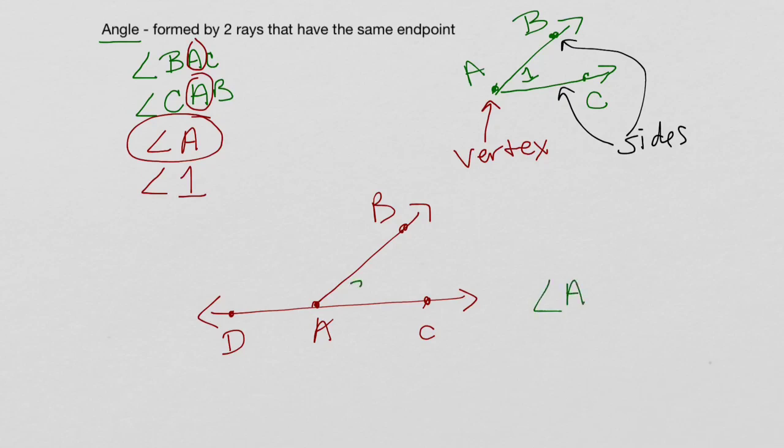Am I talking about this angle right here? Or maybe I'm talking about this angle right here. I'm not sure. Maybe I'm talking about this one. It's not clear. So if it's ever not clear from the picture, then you should use labeling that will clear it up for sure. So in this particular picture, if I'm referring to this angle, I would definitely want to call it by the 3 letters BAC or angle CAB.